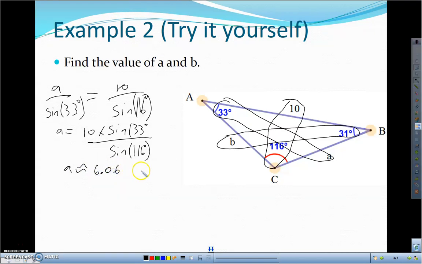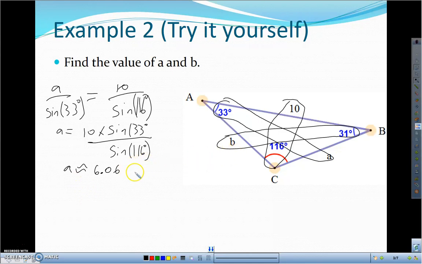If you're not getting these answers that I've gotten in the past few slides, double check to make sure that your calculator is set on degree mode with a D, not RAD, not GRAD. For radians or gradians, it must be in degrees, which is usually represented by your calculator as a D or a DEG.